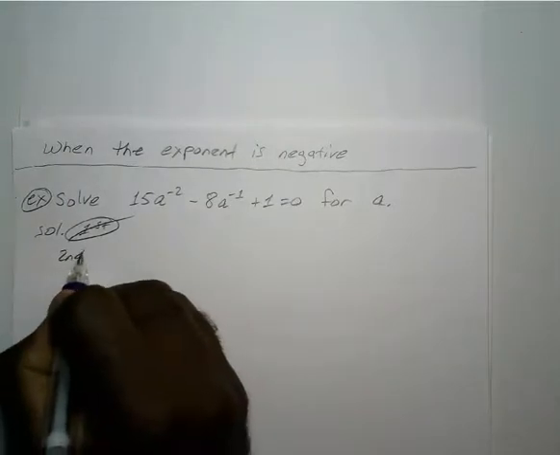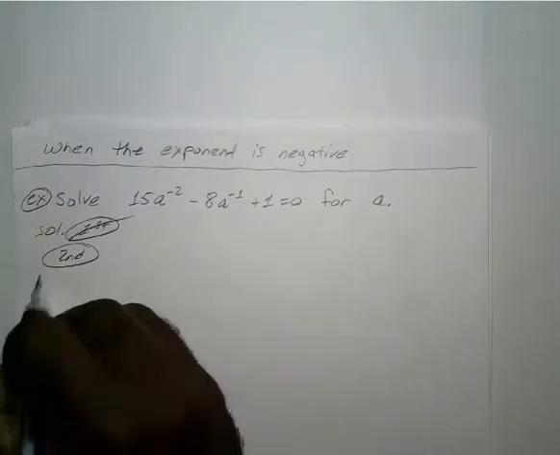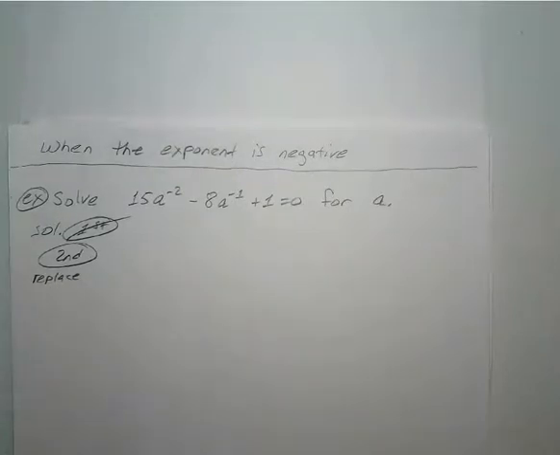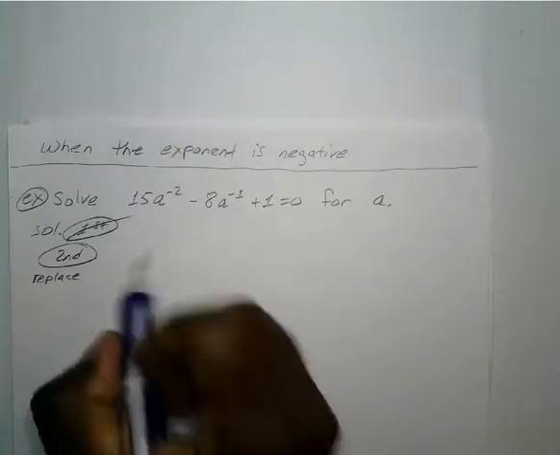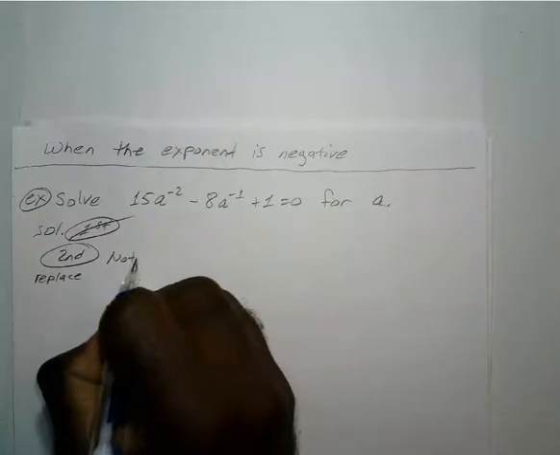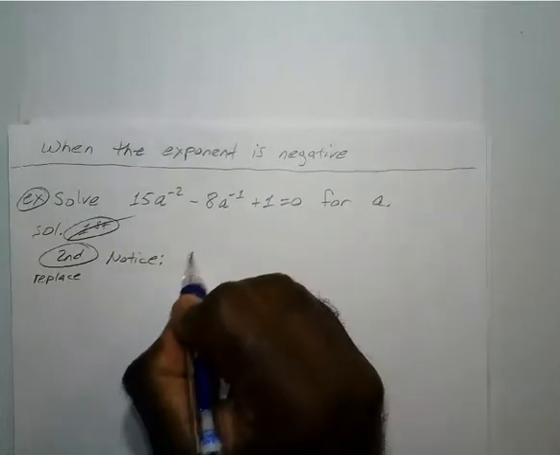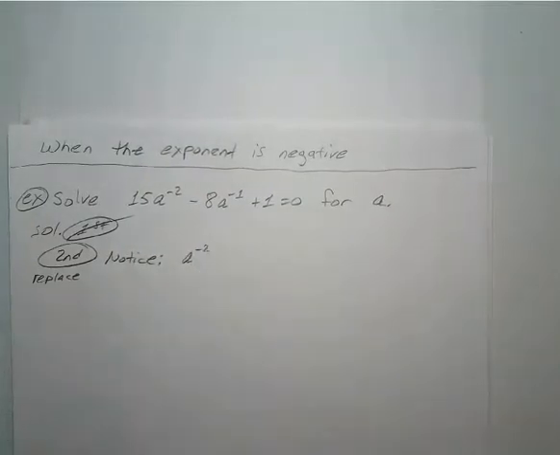So we move to our second step, where we replace our variable. To do that, we have to notice one thing: a to the negative 2 power.